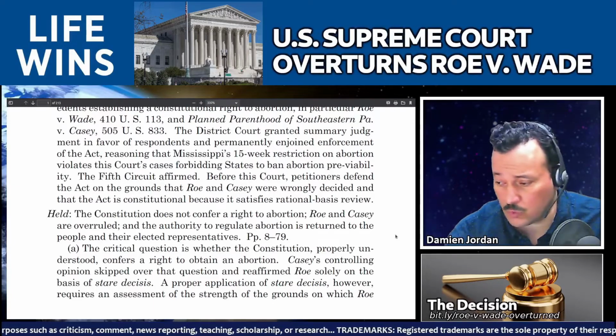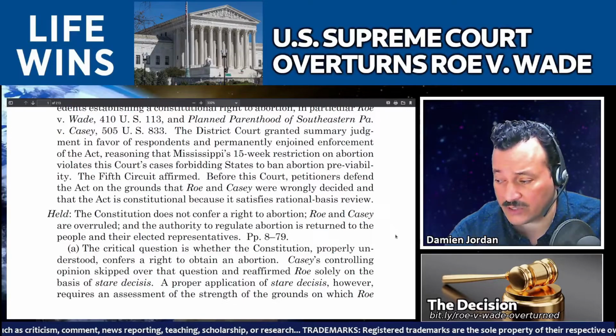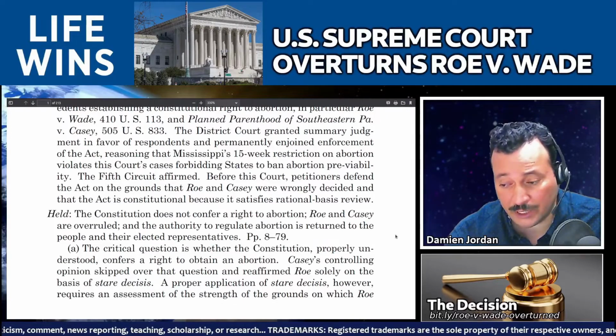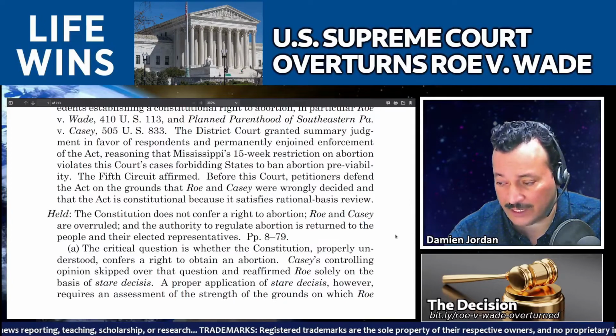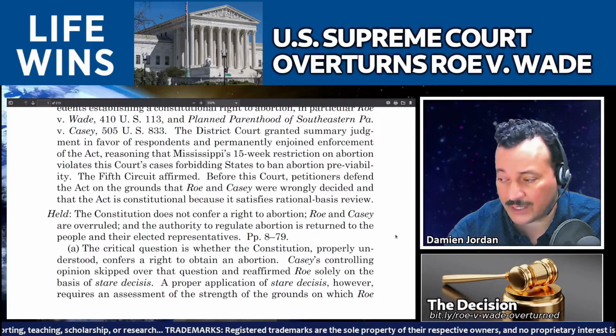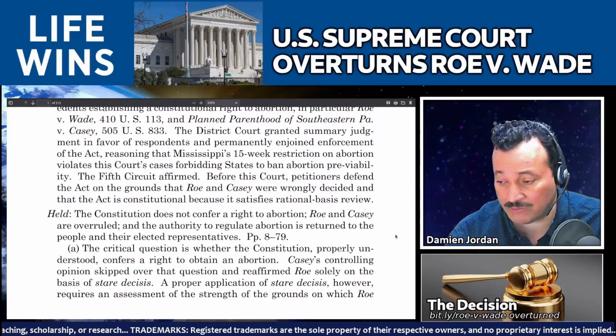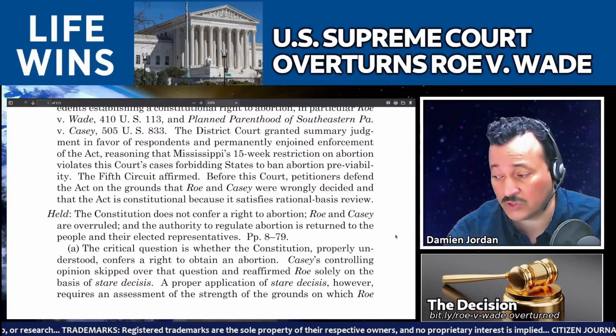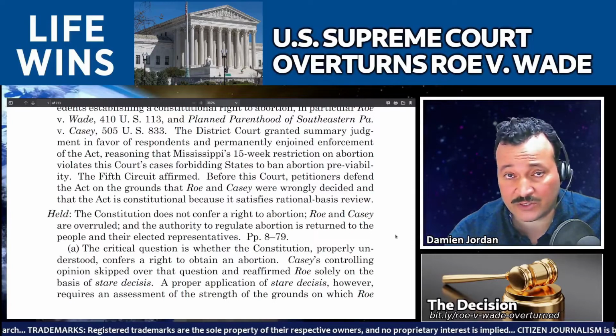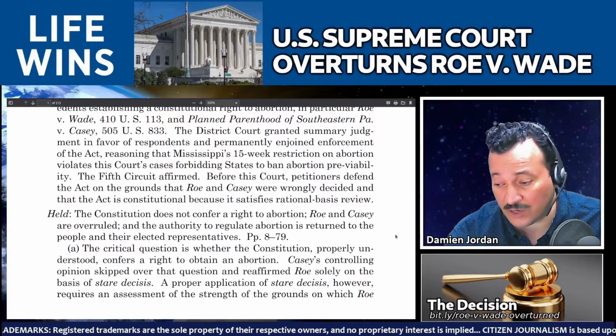The critical question is whether the Constitution, properly understood, confers a right to obtain an abortion. Casey's controlling opinion skipped over that question and reaffirmed Roe solely on the basis of stare decisis.